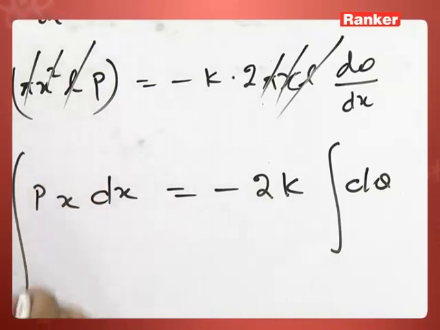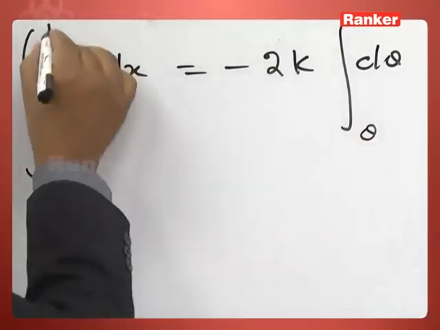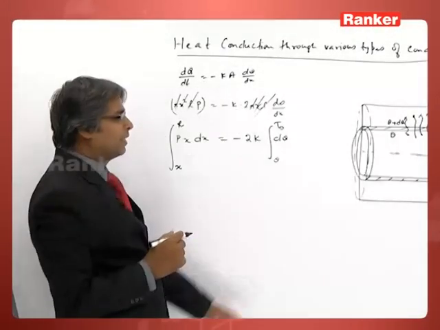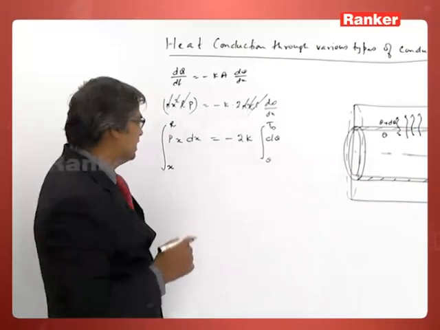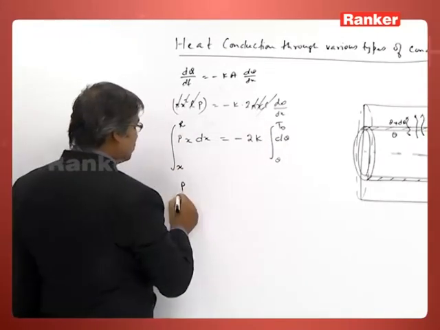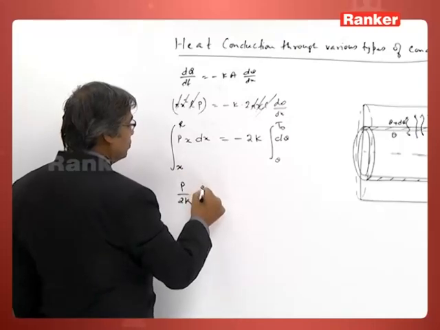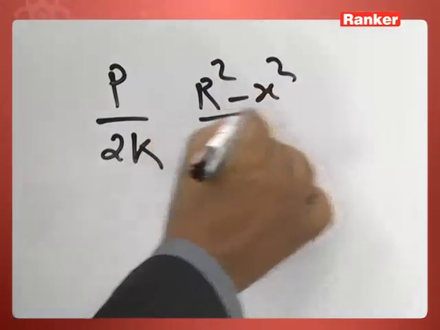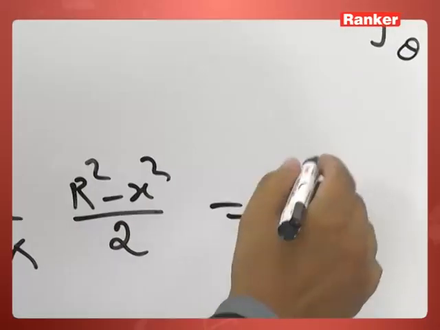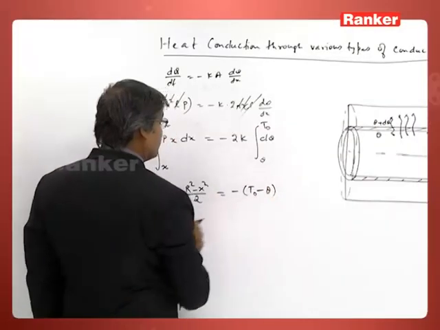If I put the limits, when x is x, theta is theta. When x becomes r, this is T naught, the steady state temperature on the surface of the cylinder. We carry out integration, P is here, I can bring 2k here, and x means x square by 2, I have (r square minus x square) by 2, and this minus sign will go. So, I will get minus (T naught minus theta).